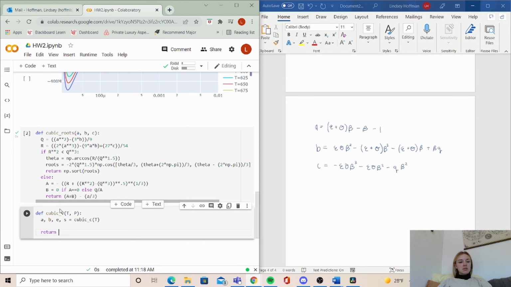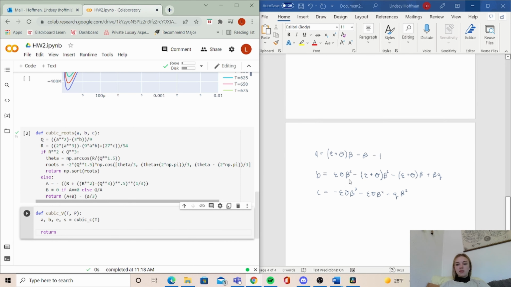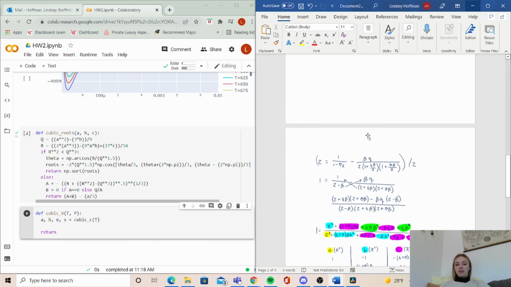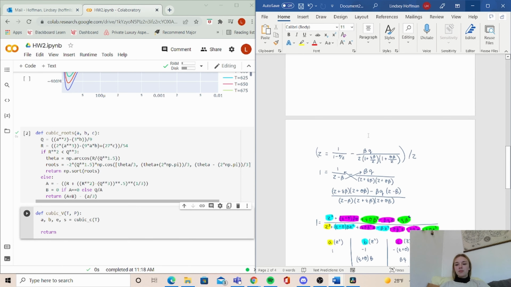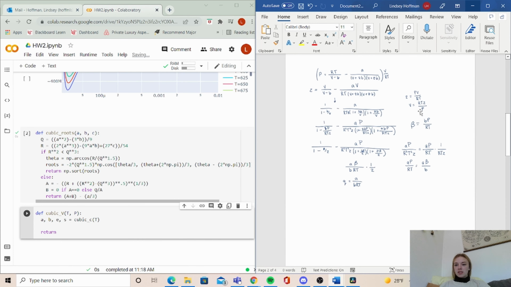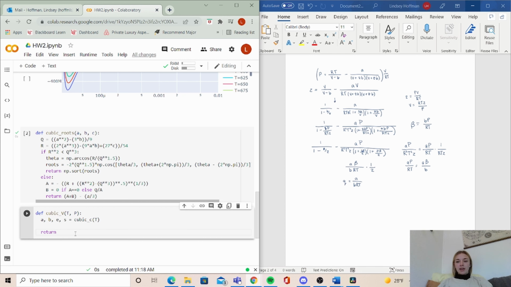So obviously we're returning our specific volume, and I pulled up the equations that we did a couple videos ago where we found our A, B, C, and D values. So up here we have this equation that says V equals R times T times Z divided by P. So we can go ahead and plug in that equation.